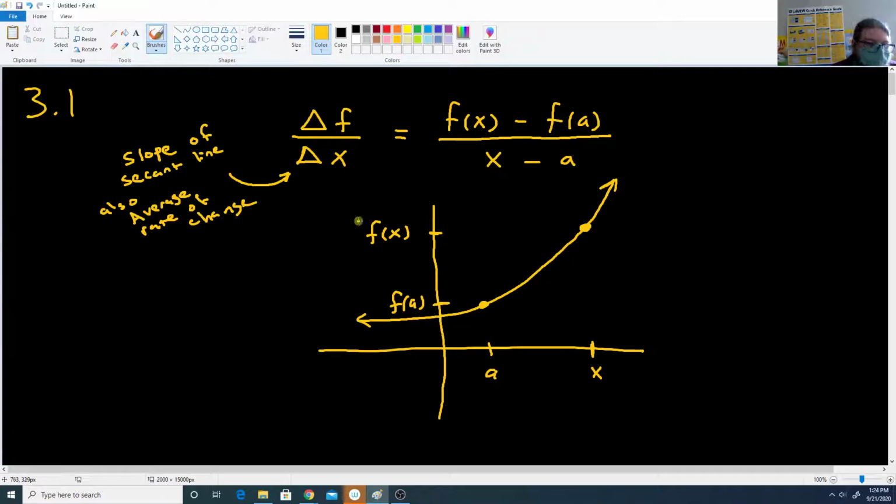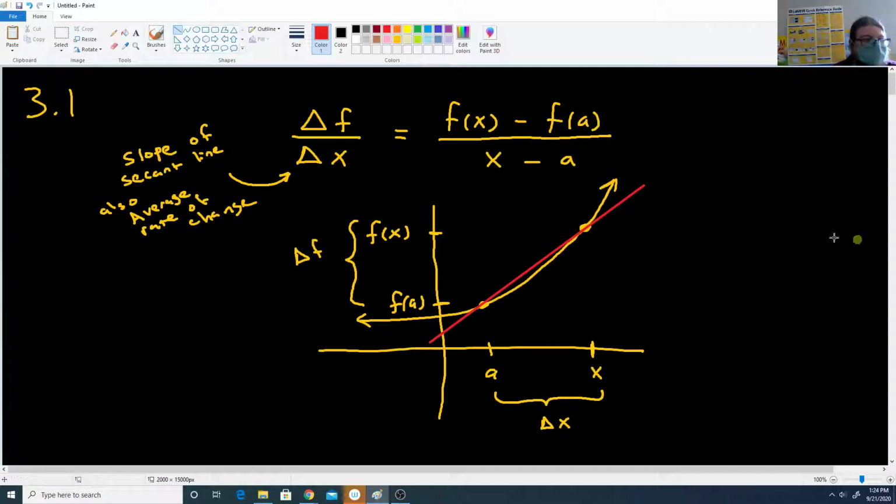Now, the distance from here to here would be called delta f. And the distance from here to here we would call delta x. So between these 2 points we could draw a line that passes through both those points.